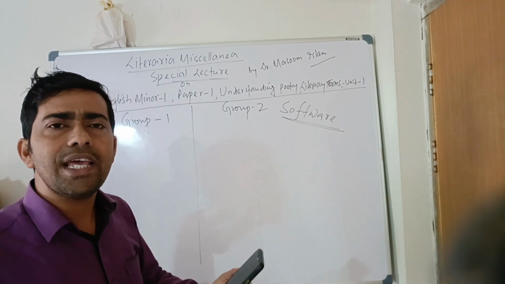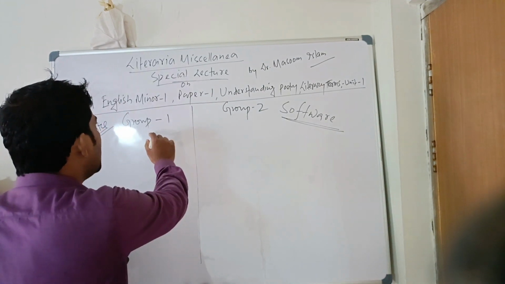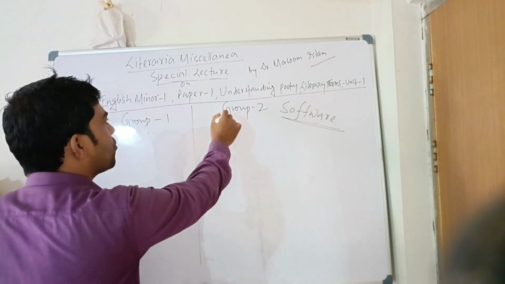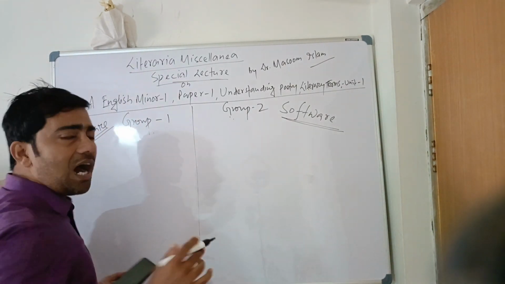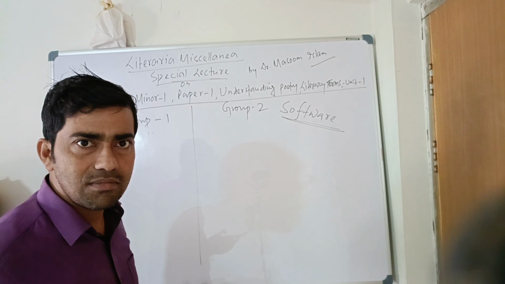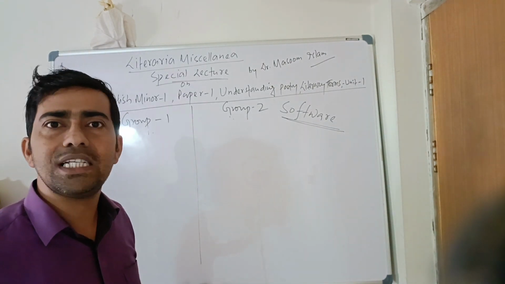They are very essential for knowing each other. For knowing group 1, group 2 is essential, and for group 2, group 1 is essential. Like hardware and software, for a machine both are essential.